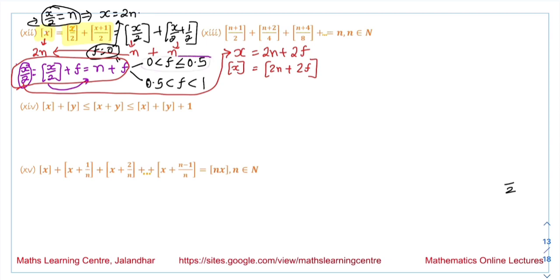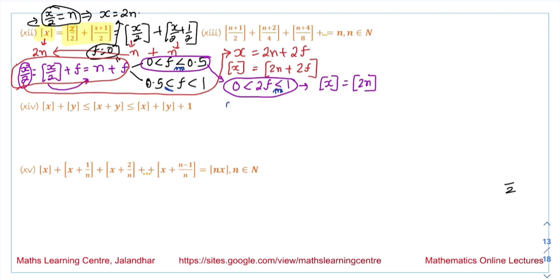If 0 is less than f is less than 0.5, we are talking about this first condition, we will get 0 is less than 2f is less than or equal to 1. And in this case, the greatest integer of x is equal to 2n. We should remove the equality sign from here.